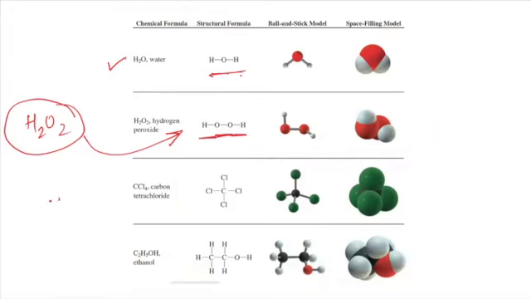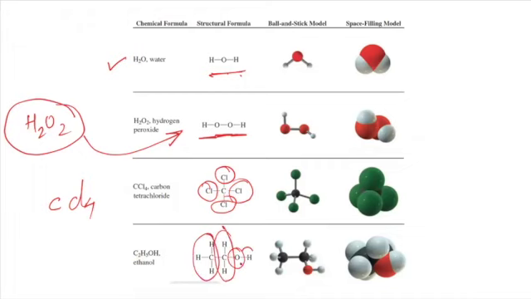We have CCl4, carbon tetrachloride. We have the carbon at the center and the 4 chlorine attached to that. We can have more complex ones, like C2H5OH. So we have these 2 carbon there, then we have 3 hydrogen on this side and 2 hydrogen on this side, and then we have oxygen, and then hydrogen.